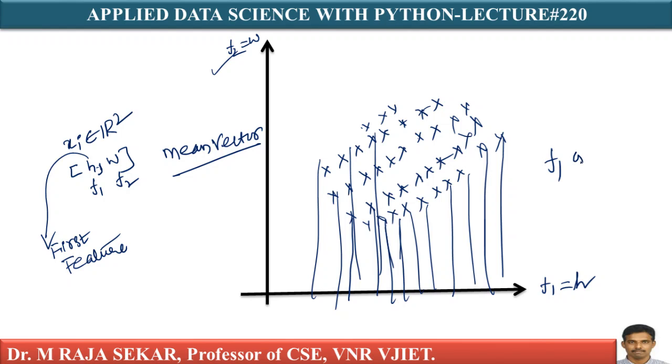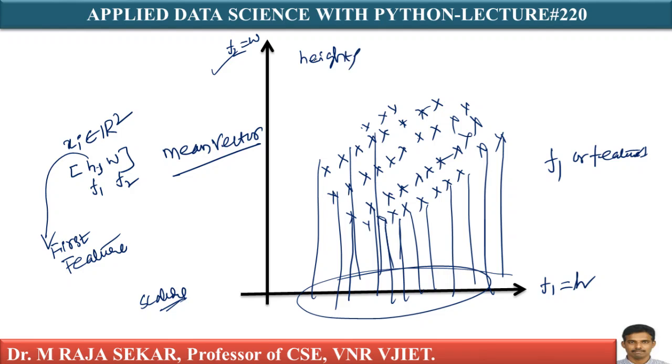Feature 1 for each point will have this value. So if I project all of these points on the x-axis, now I have scalars. I have basically the heights of the students.